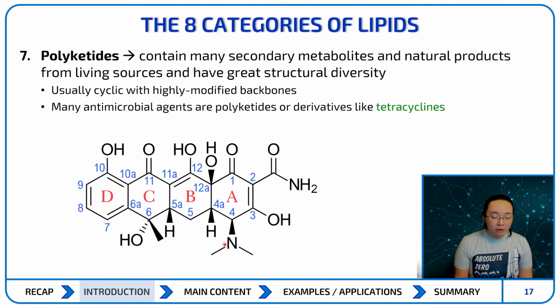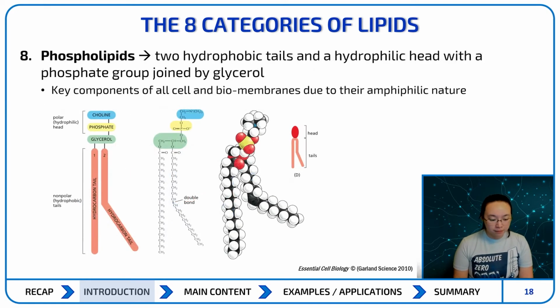It doesn't really change their antibacterial activity, but rather their half-life and binding affinity. So in many cases, with polyketides being antibiotic agents or antimicrobial agents, you can modify these backbones to help them be more attracted to a specific target. So that's where that comes in.